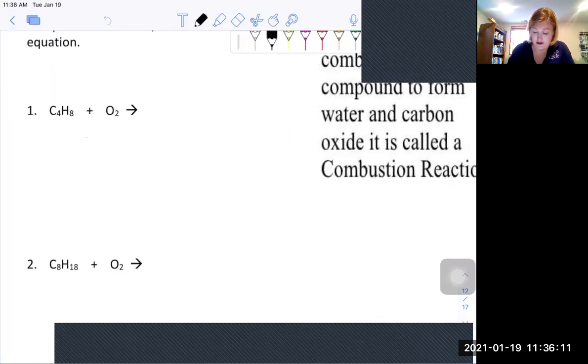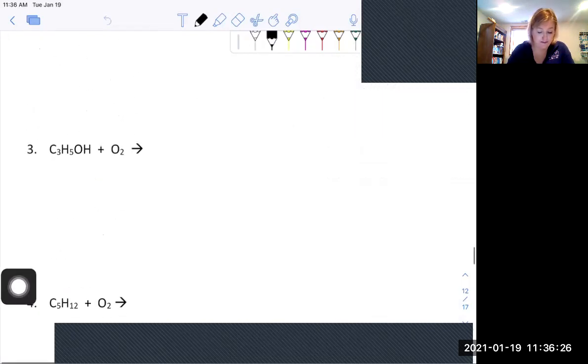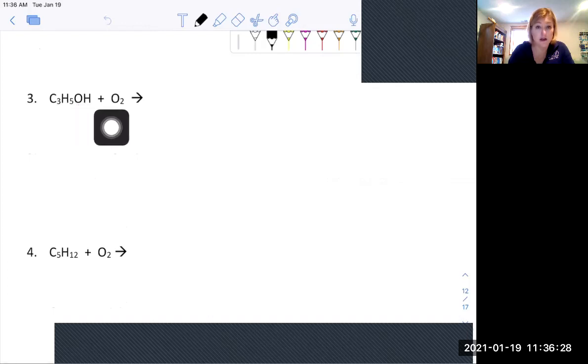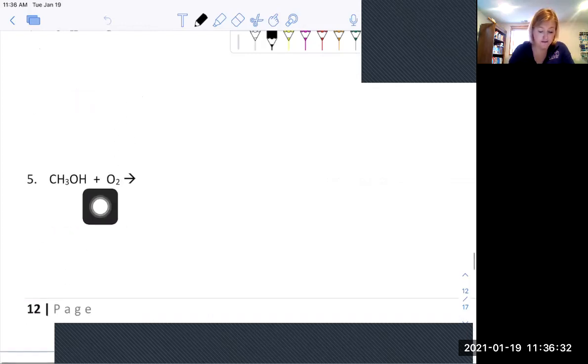When you look at these combustion reactions, what are you noticing about these guys? Look here, here, here, and here. I'll zoom in. What are you noticing that they all have in common?